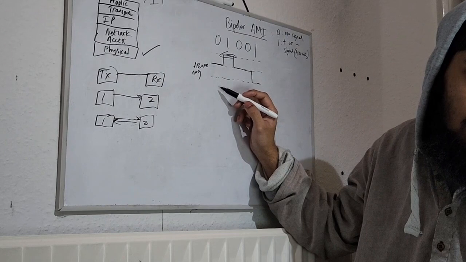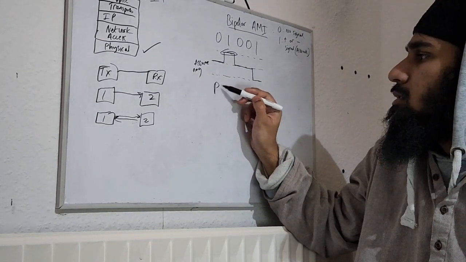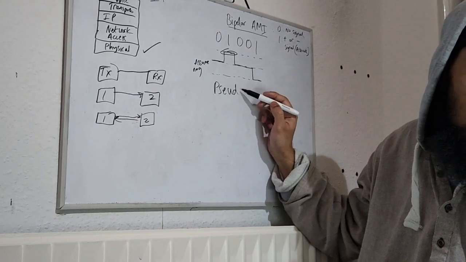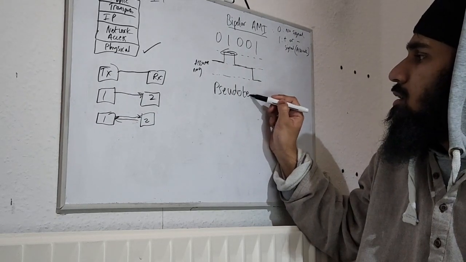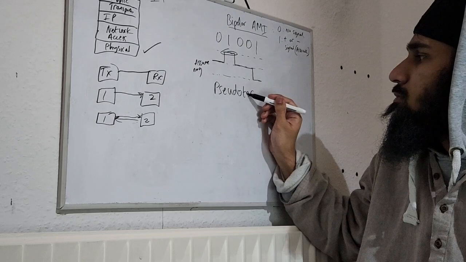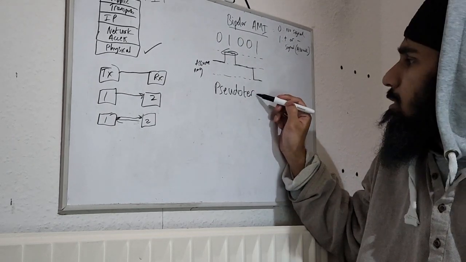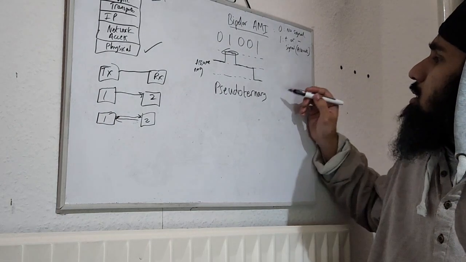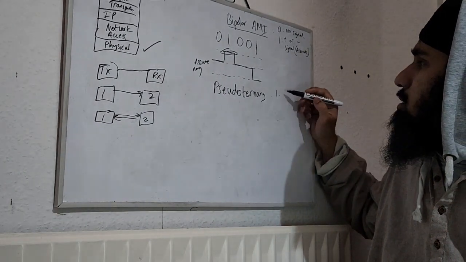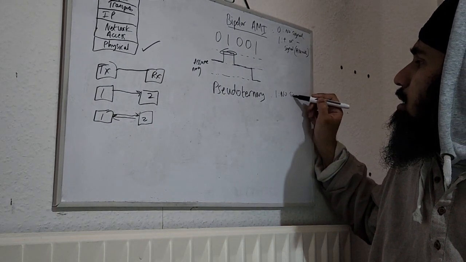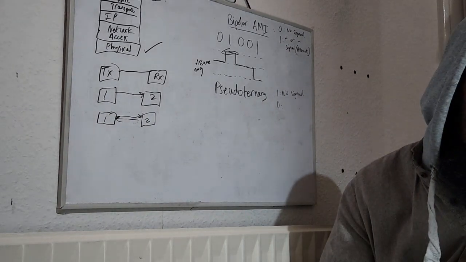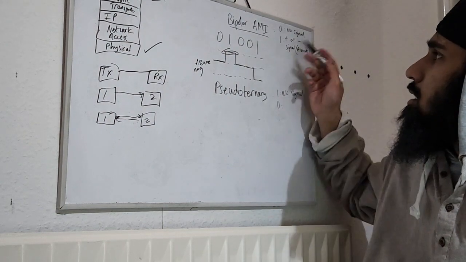It's the pseudo-ternary. So here, this time, 1 is no signal, and 0 must be positive or negative, just like the other one.